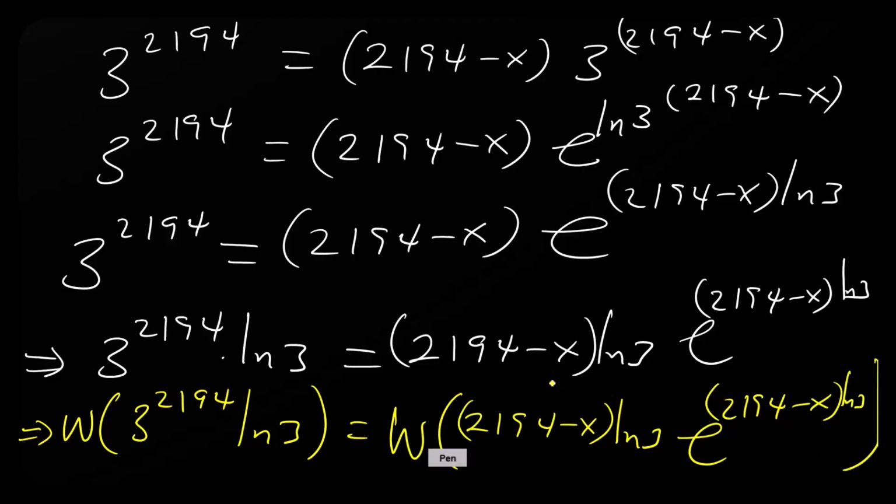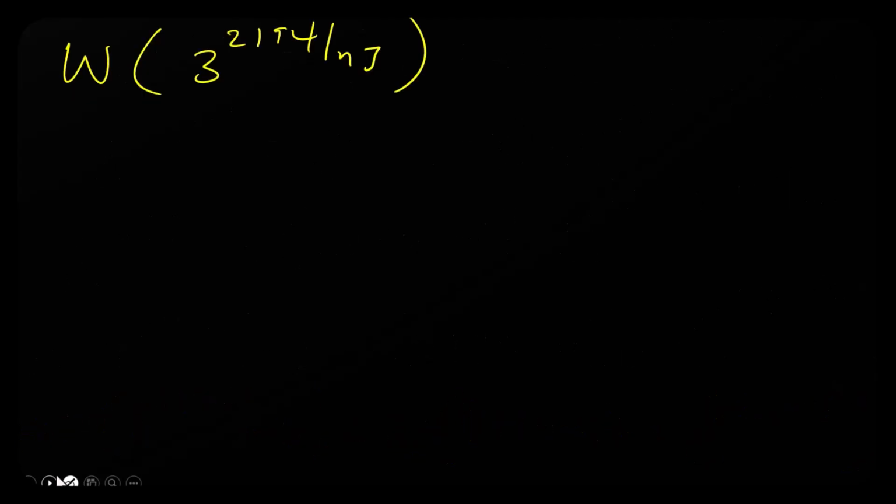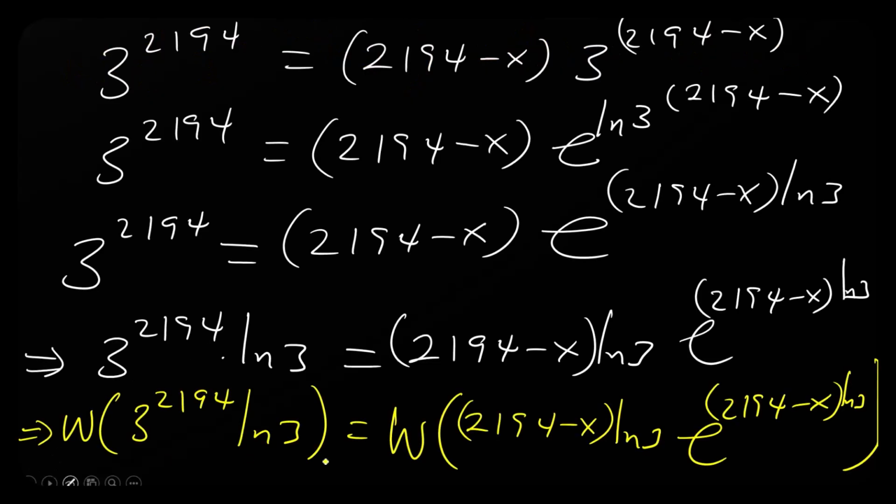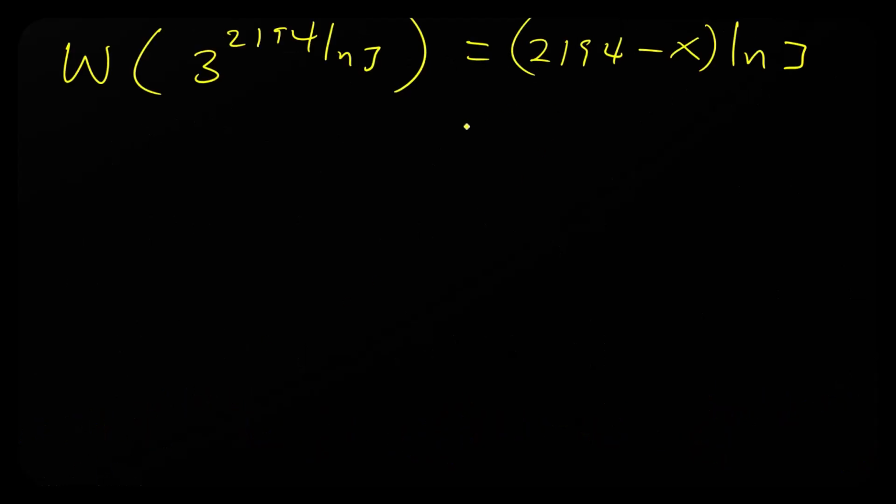So close that. Remember, the right hand side will be one of this. Remember the rule. So the W function of the right hand side will be 2194 minus x ln of 3. Remember the rule. Okay, so this equals that, so the W function will be one of them.